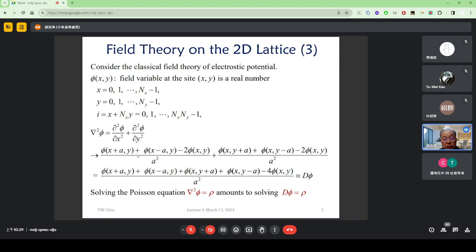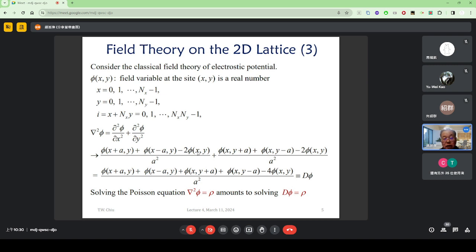So this is phi at x plus a, holding y constant. So this is the partial derivative in the x direction. The second partial derivative is phi at x plus a, plus phi at x minus a, minus 2 phi at the center, without changing x, all divided by a squared.